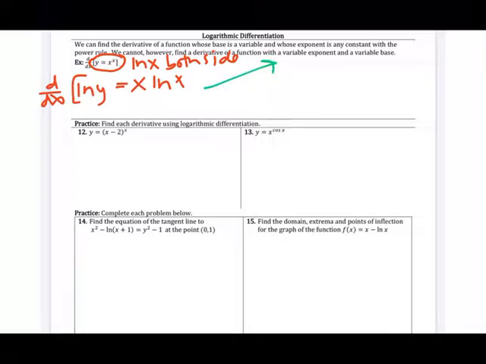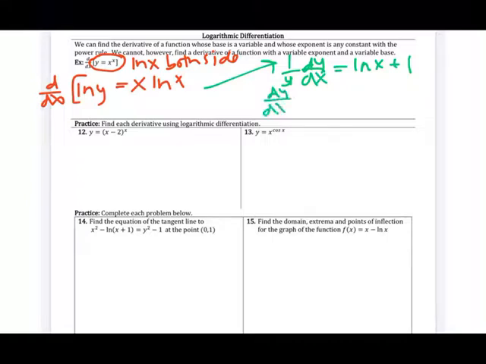So this is going to be 1 over y times dy dx equals, I'm going to have to use the product rule over here. So this is going to give me natural log of x plus x over x, which is just, I'm going to just erase that. X over x is just going to be 1. I'm going to solve for dy dx.